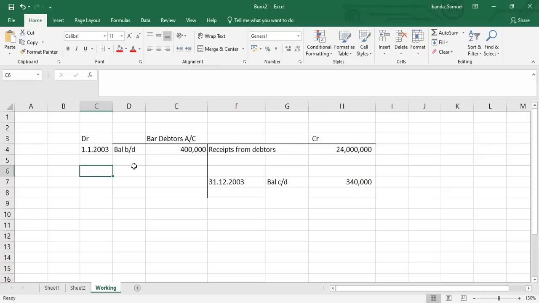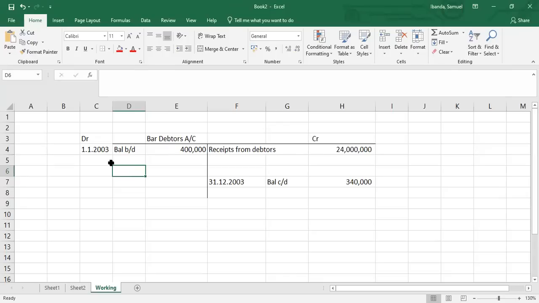So, because when you see we have an account here, we have 400,000, and then we have the total of this is over 24,340. So what I'll do, the balancing figure that I'll have on the other side, on my debit side, will relate to the debtors that came through during that period, okay?